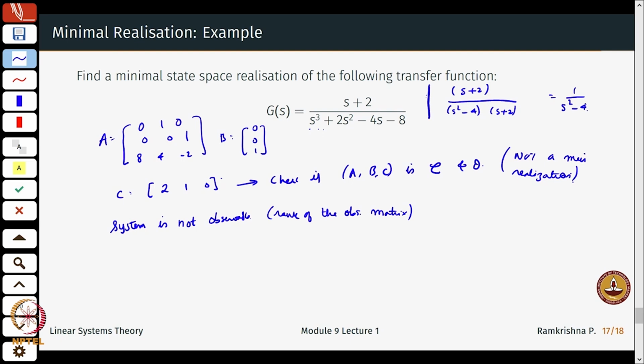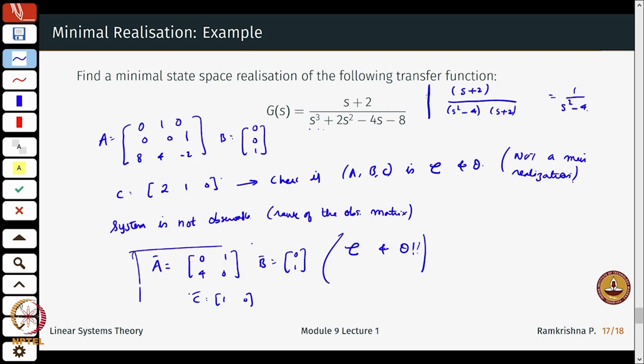Then I can write down the controllable canonical form, where I will have a new A, let me call this A bar, as [0, 1; 4, 0], B bar will be [0; 1], and C bar will be [1, 0]. You can check that it is both controllable and observable, and therefore this realization is a minimal realization and not the earlier one.